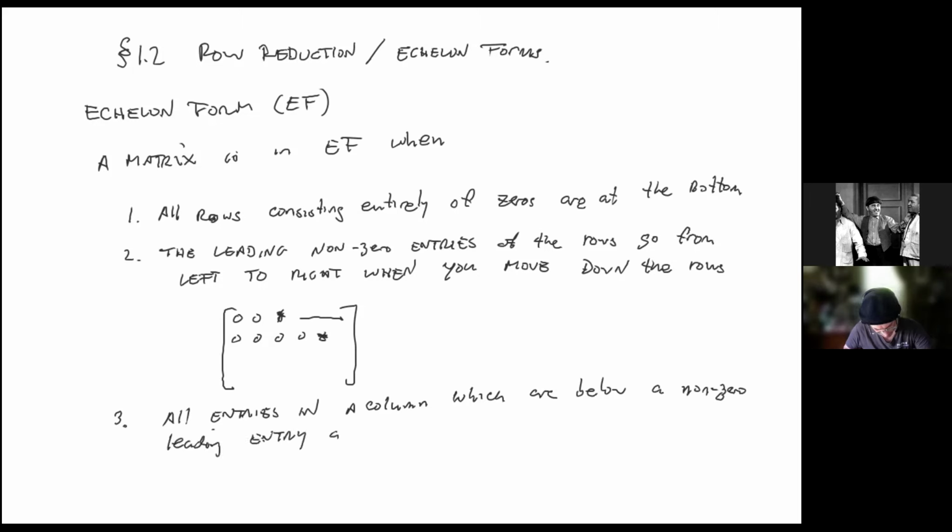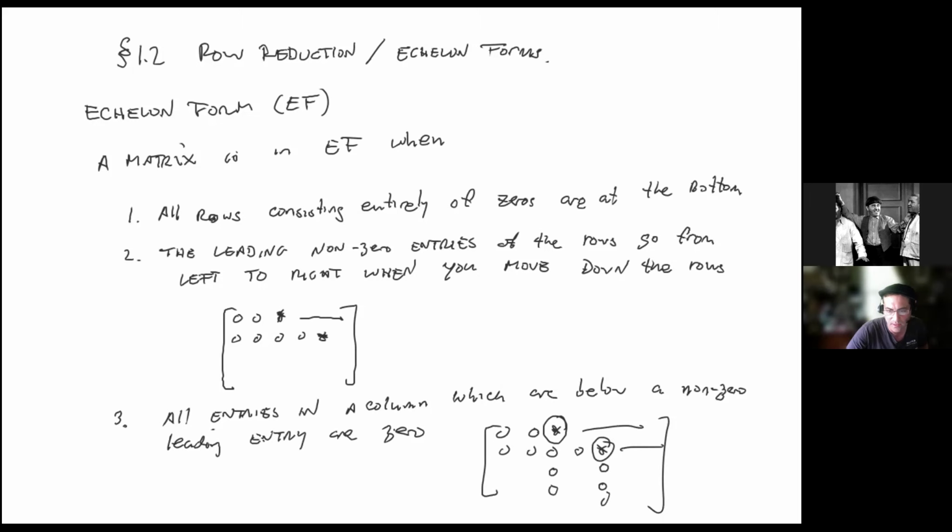So what I mean is, suppose I have something that looks like this: 0, 0, 0, 0, star, etc. Everything below each non-zero leading entry is going to be 0 in that column. You might hear the dogs in the background. Okay, so let me save this slide and clear the screen.